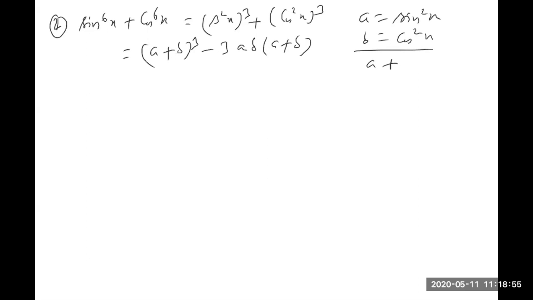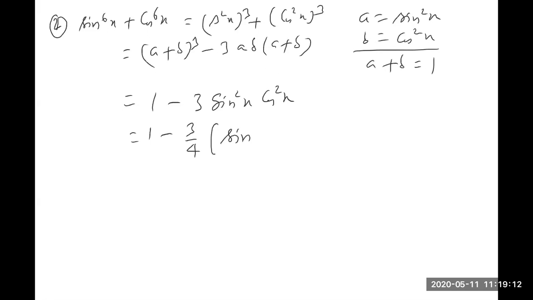So a plus b is equal to 1. So it is 1 minus 3ab, sin^2 x cos^2 x. So now this is also like the previous problem. Divide by 4, multiply by 4. 1 minus 3 upon 4 into 4 sin^2 x cos^2 x, so sin^2 2x. This is 1 minus 3 upon 4 into (2 sin x cos x) whole square.